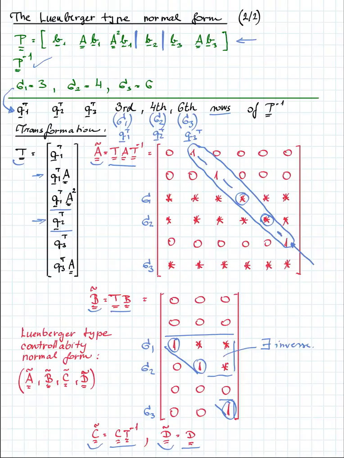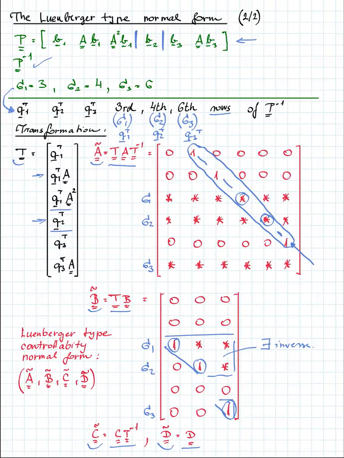So the result of this transformation matrix is a special form of A tilde and B tilde, the A and B matrices of the representation of the system. C tilde and D tilde are not very important for us from this point of view, because we are not going to use them in the controllability questions.